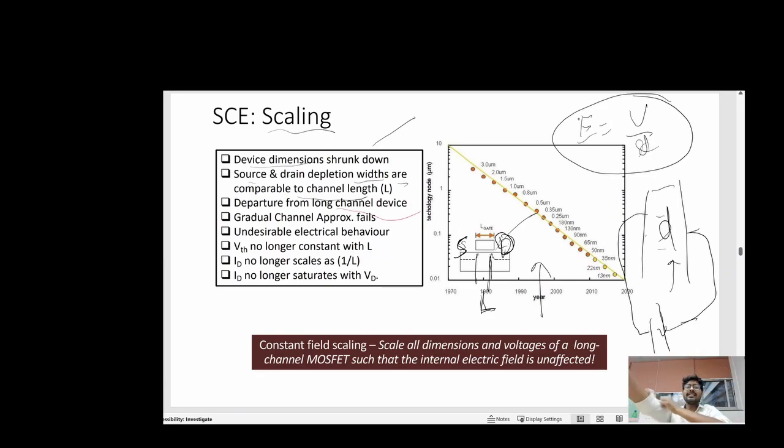Okay, and departure from the long channel devices: your output and transfer characteristics will not be the same for this. So there will be channel length modulation. Let us say this was your channel length L, and 1% of this channel length was the depletion region initially.